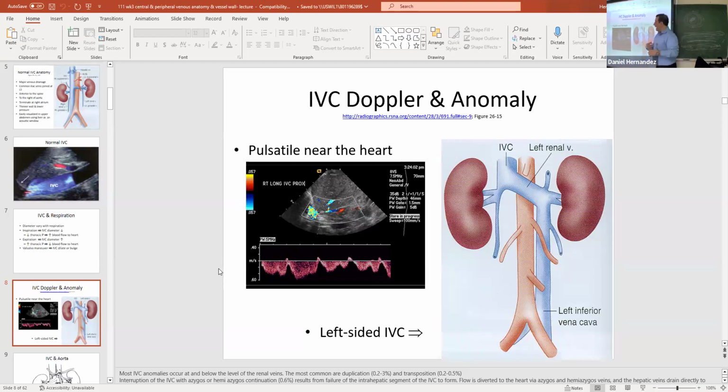So it's normal to have some degree of pulsatility in the central veins: the IVC, if you're close to the heart, the proximal subclavian when we get into the peripheral side, and the innominate veins. Anything close to the heart can demonstrate some degree of pulsatility, and that's considered normal. So you'll get the respiratory variations and cardiac pulsatility for a lot of these central vessels.